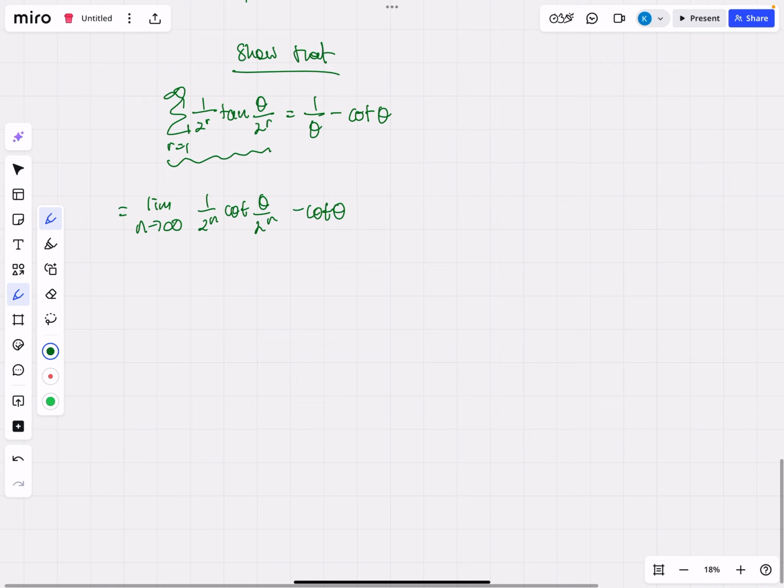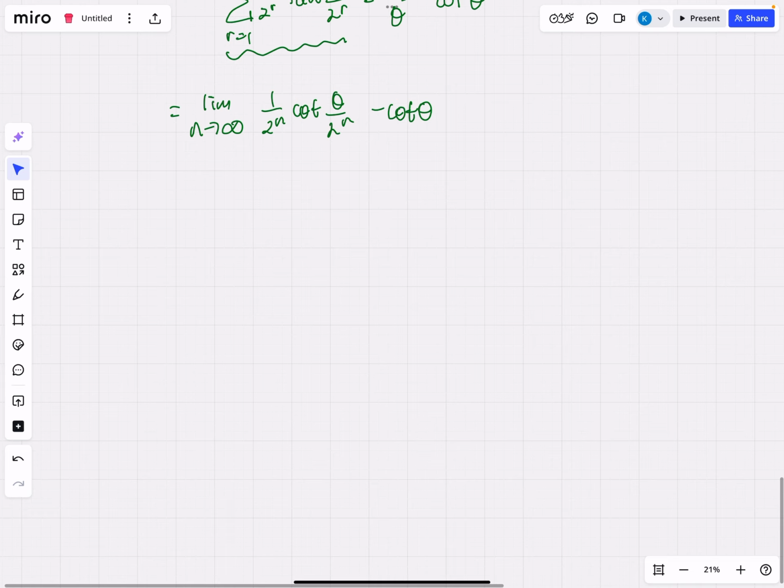Okay? So, the limit as n approaches infinity. I'm going to just make this very clear. 1 over 2 to the n multiplied by 1 over tan theta over 2 to the n minus cot theta.